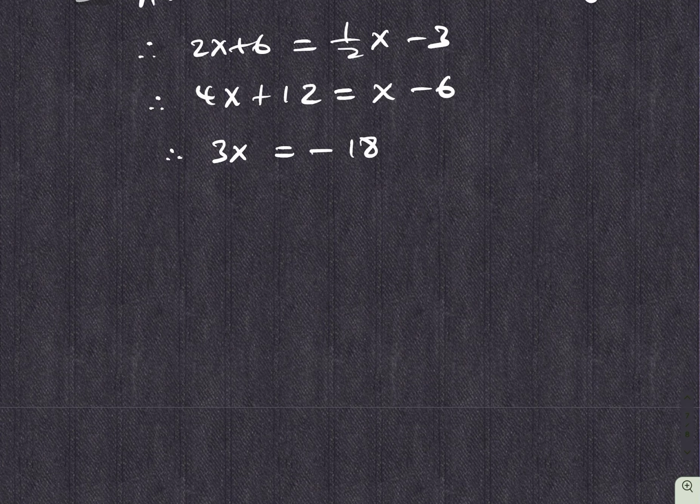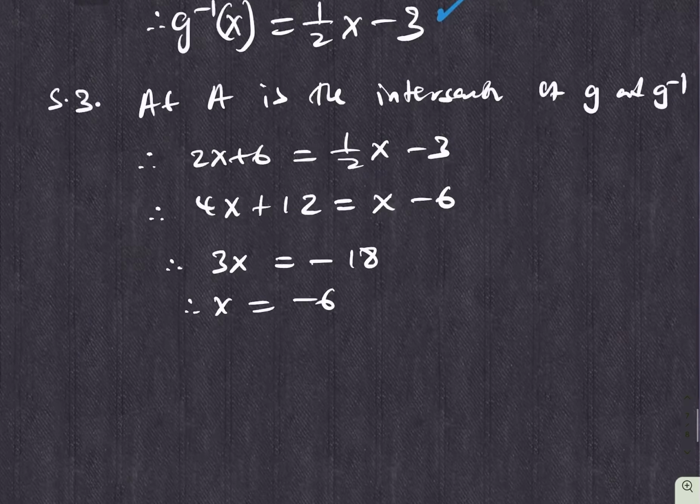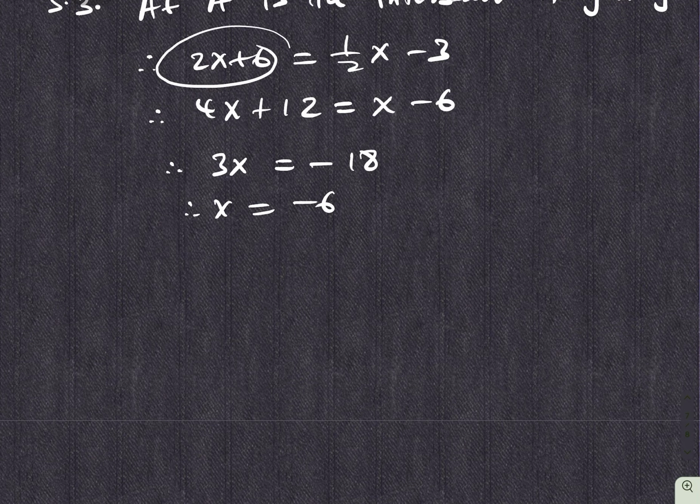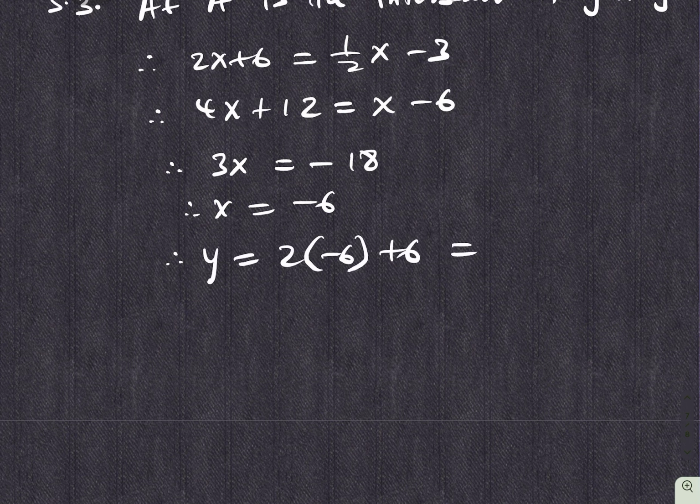If my math serves me very well, therefore x becomes negative 6. And to get the y, you can plug into that graph or the other one. So y becomes 2 into negative 6 plus 6, and that is negative 12 plus 6 is negative 6, right? So therefore, the coordinates of A is negative 6 and negative 6 as well.